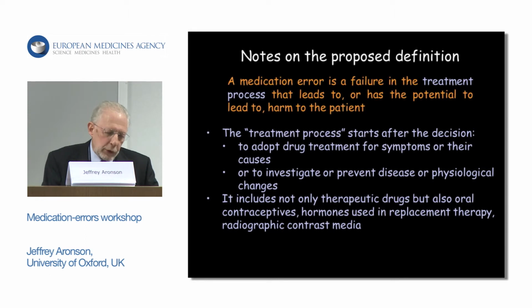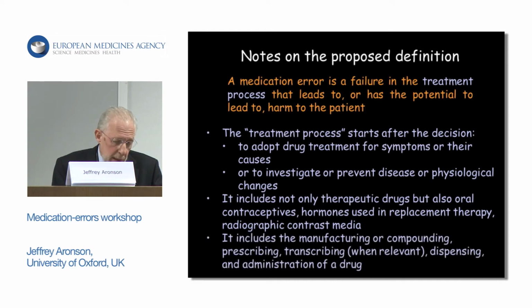It doesn't have to include only therapeutic drugs. It can include preventive medicines like oral contraceptives. It can include replacement therapies. It can include investigative measures like radiographic contrast media. It might even include cell therapies if you wanted it to. And it includes all the processes that we know about that don't need to be mentioned in the definition but are implicit.